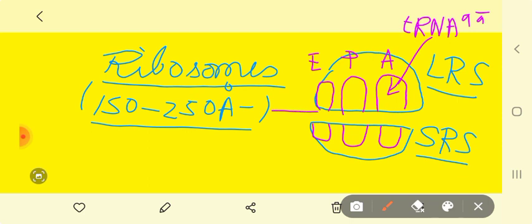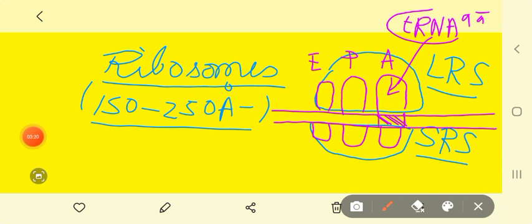So if this is the mRNA and there is some sequence in the mRNA which matches the anticodon sequence found in the tRNA, then it will bind into the A site. So that's the specification of the A site. That's why I have said that ribosomes are porous in structure.